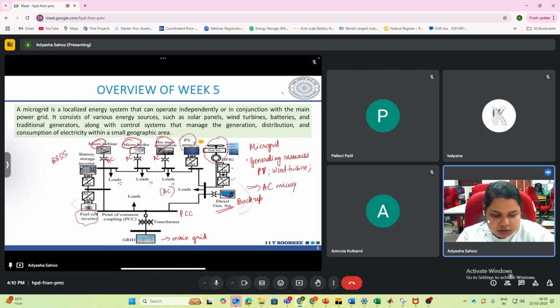We'll see in the next week or in other following weeks that there are also DC microgrids, and we'll see what advantages and disadvantages they offer. But right now, it is just an AC microgrid with its own small distributed generations connected through inverters and battery energy storage and supplying their local loads.